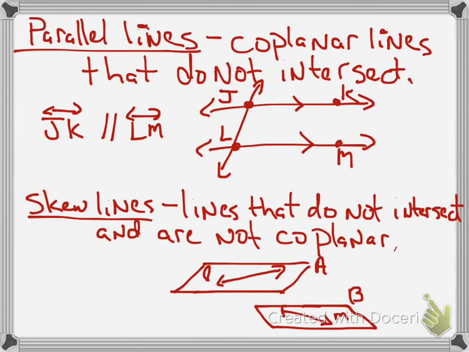Anyways, we need to know what a parallel line is. Key on this: coplanar lines that do not intersect. Notice we're talking about coplanar lines because we can have lines that do not intersect that are not coplanar, and they are called skew lines. Also notice the little arrow I made here.